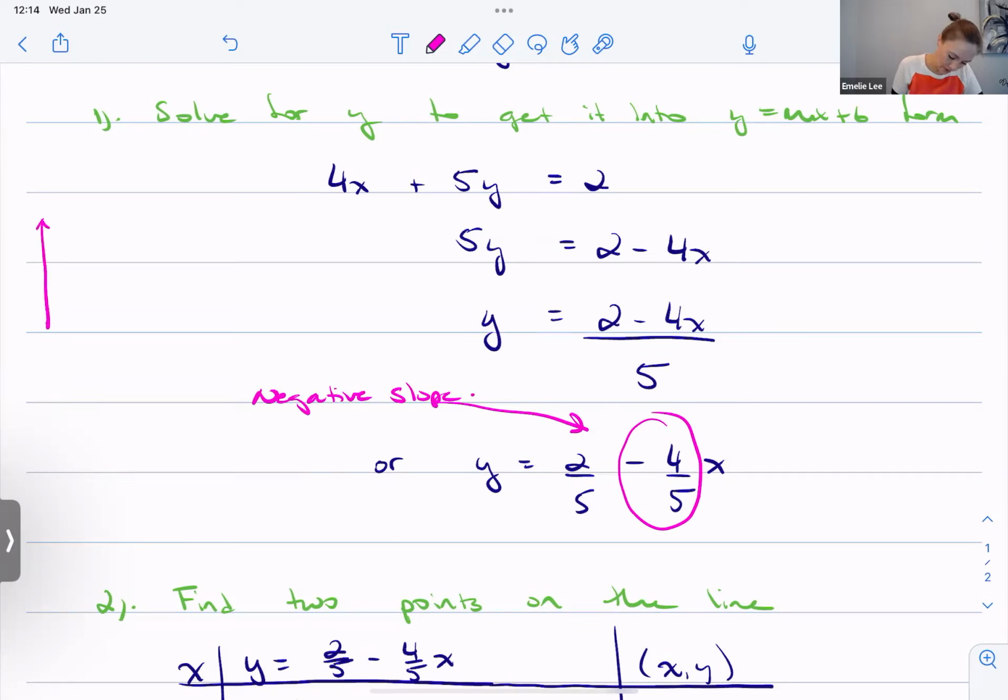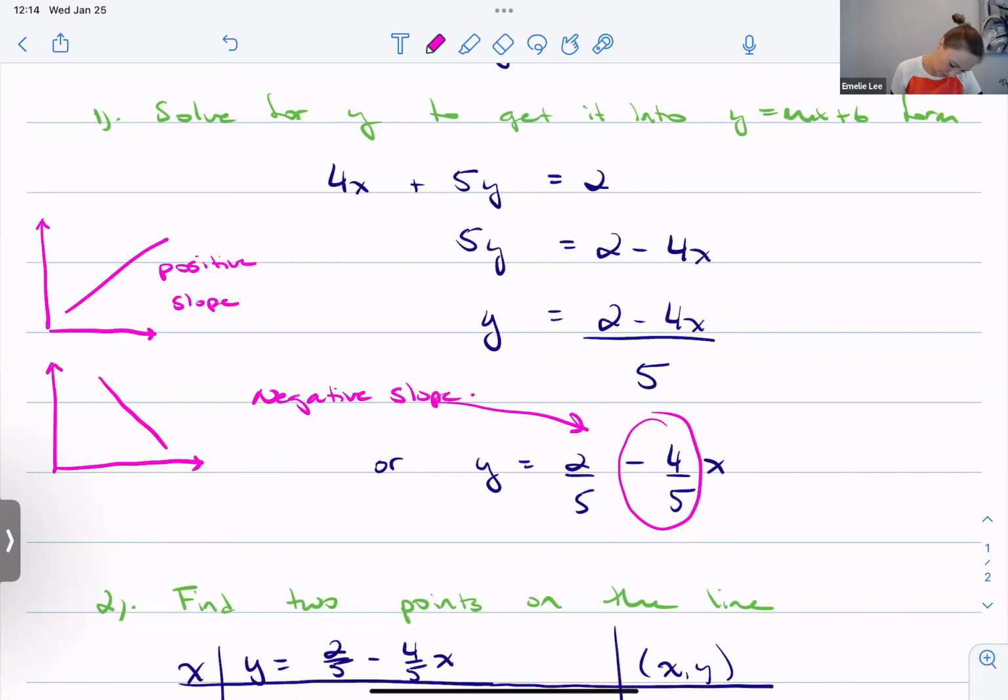In general, you can have a positive slope, which means it's going to be going up into the upper right-hand corner, or you can have a negative slope. All things that are probably reviewed, but doesn't hurt to mention them.